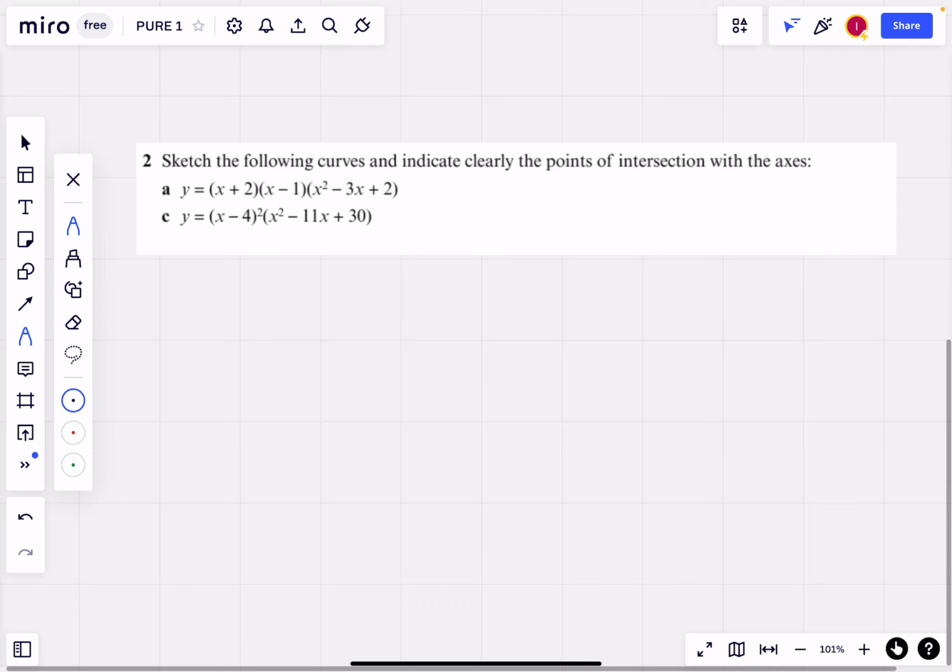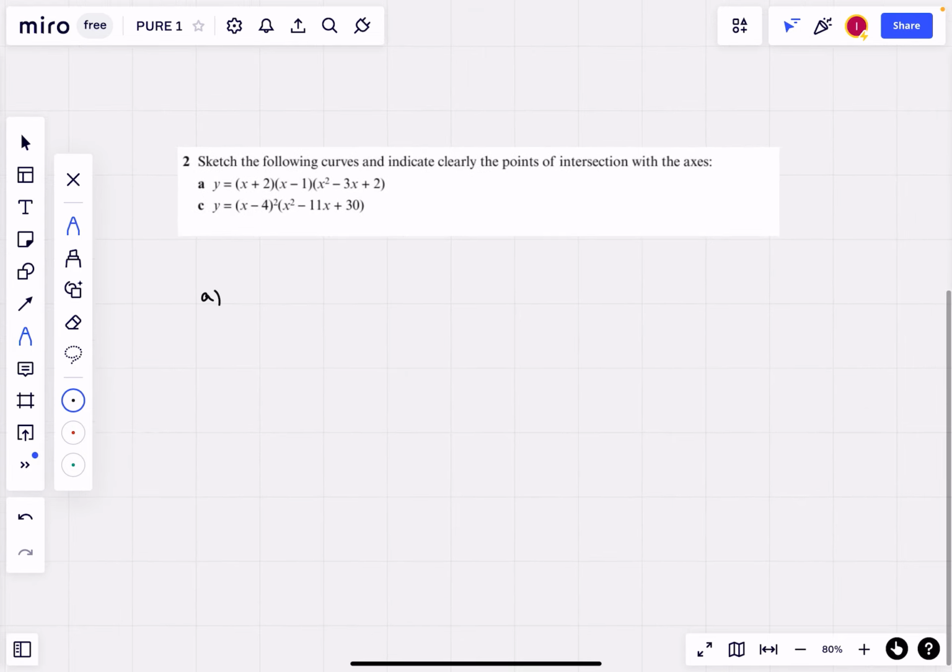Okay, so for A, we are going to make the function equal to 0. (x + 2)(x - 1)(x squared - 3x + 2) equals 0.